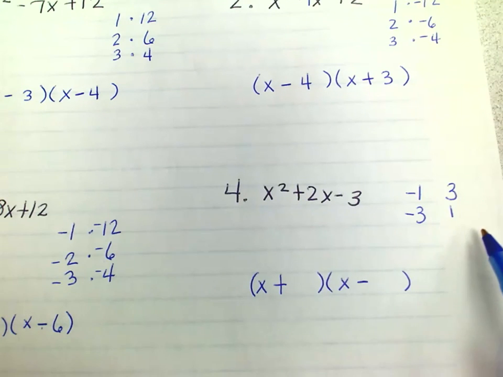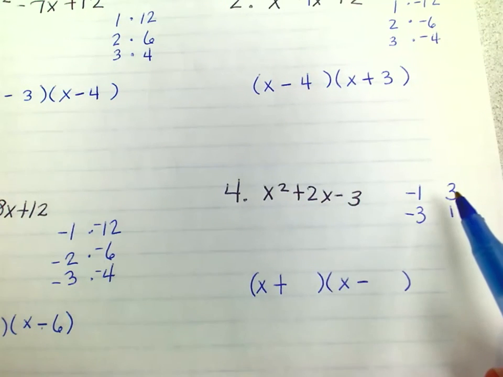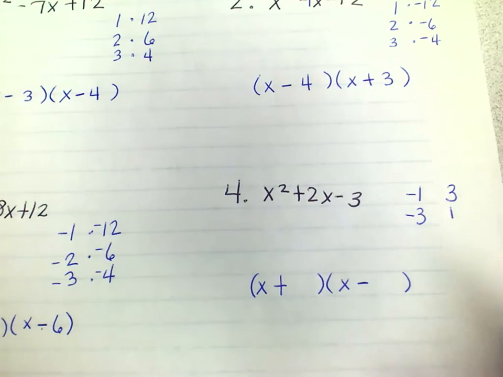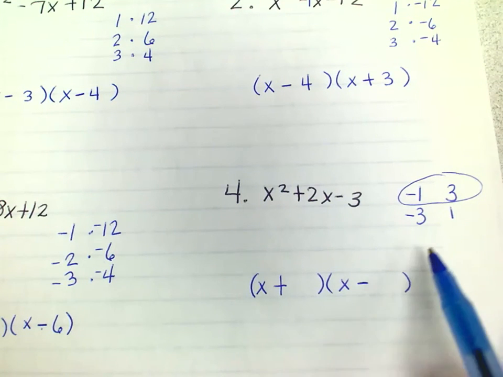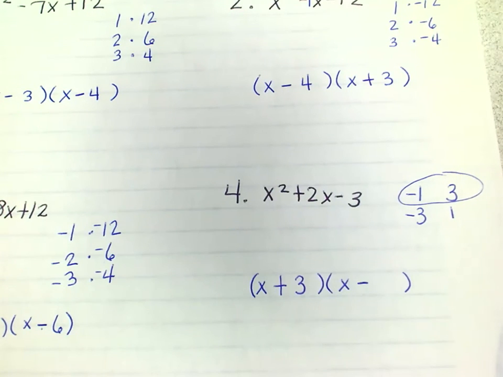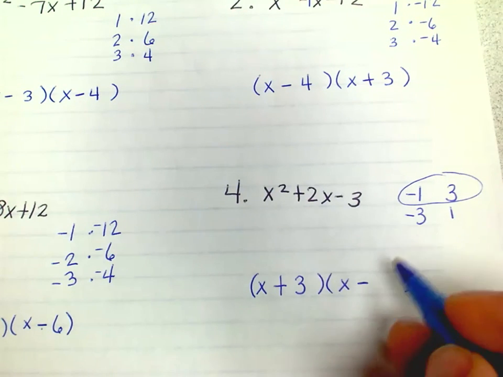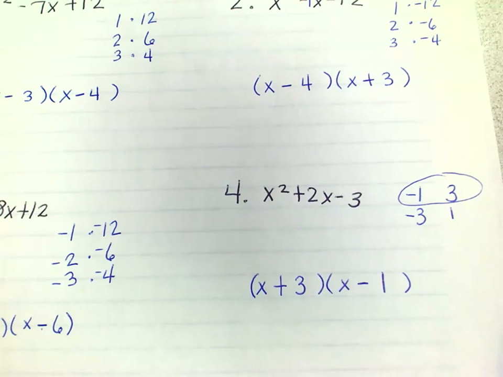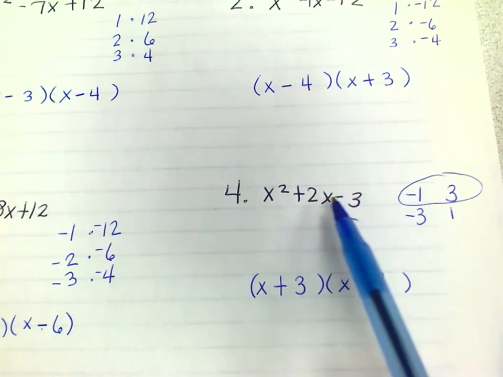And if we look over here at our possible choices, 3 is the higher number, so it must be positive. So this set right here, we need to plug into our set of parentheses down here. Notice that 3 is positive, so please put that with the positive set, and for the negative one, put just a 1 in for the negative value. And just for remembering, if you were to FOIL these out, you would get this trinomial above.